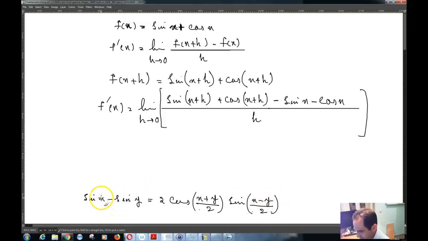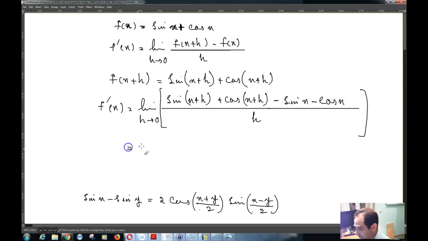So if I use this formula for this part, instead of these two I will get this product over here. Let's see what happens.